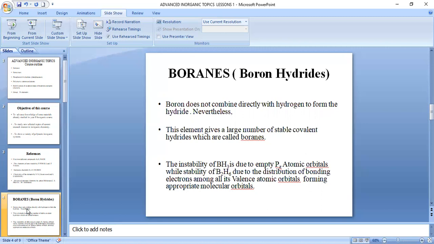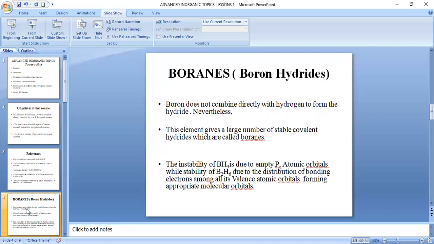When we look at boron, the atomic number of boron is 5, which means it has 5 electrons. If we place these electrons in their appropriate orbitals, we have 1s2, 2s2, and 2p1.